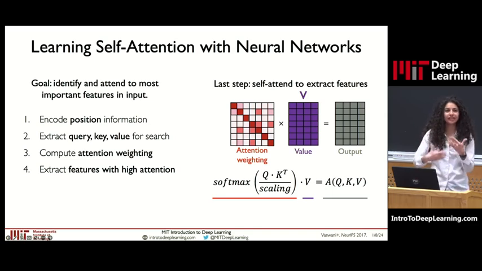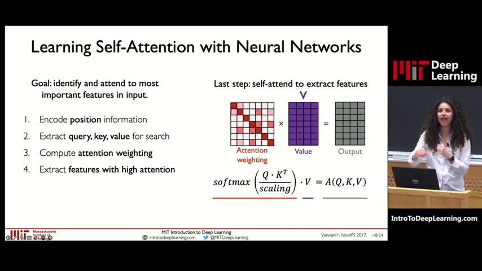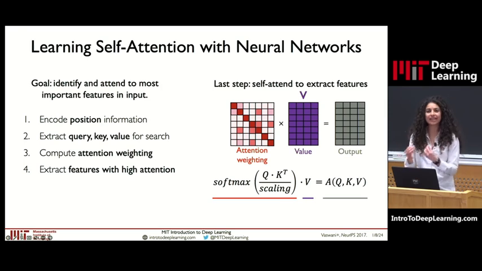And so it's a really elegant idea of taking the input itself and taking these three interacting components of query, key, and value to not only identify what's important, but actually extract relevant features based on those attention scores.